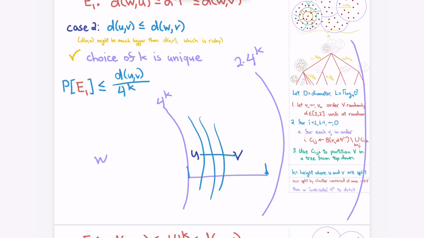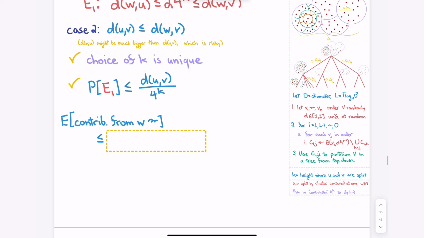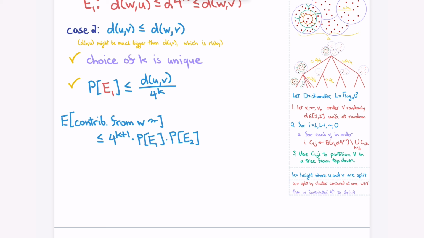Now, if event one occurs, how much does it contribute at this particular choice of K? So a unique choice of K that could split it, a unique scale, and you contribute 4 to the K. So you'll contribute 4 to the K plus 1 if you do cut it, which requires at least these two events to occur, which were independent.